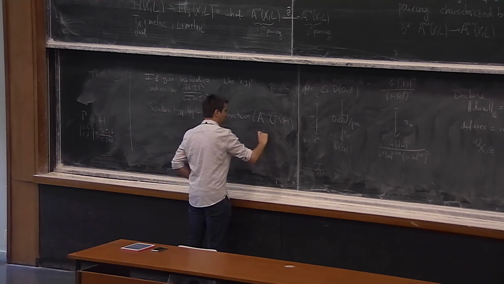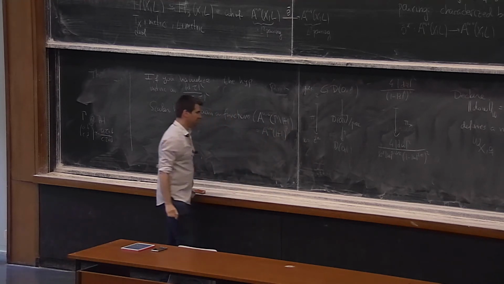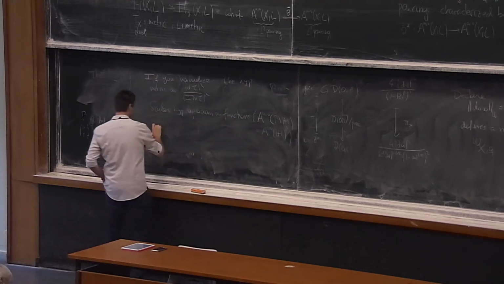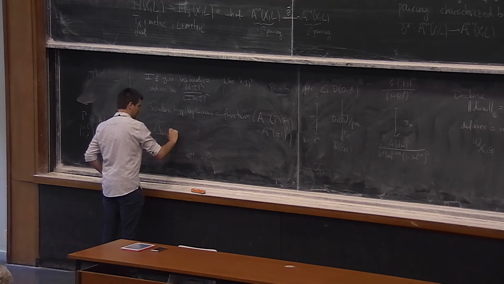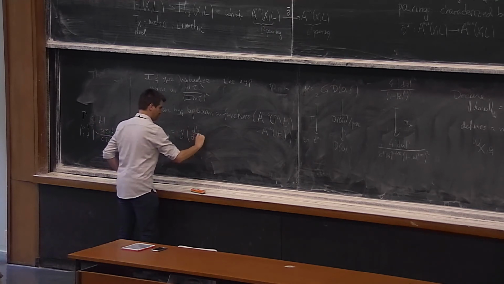And for me, this means the functions on the upper half plane invariant under the action of the group, which is a typical hyperbolic Laplacian, minus y squared times the sum of the second derivatives in x and y.